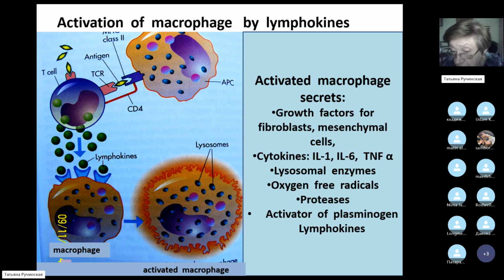As for cytokines, you see very many cytokines: interleukin 1, 6, and tumor necrosis factor alpha. They are cytokines which are the main mediators of acute phase response, in other words, systemic inflammation.